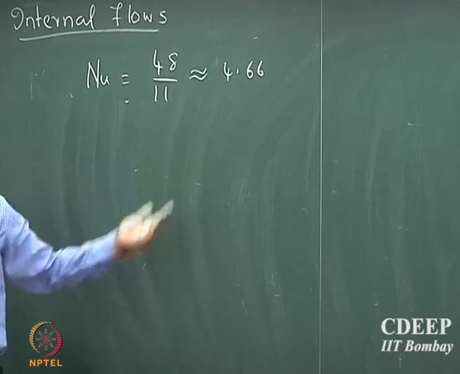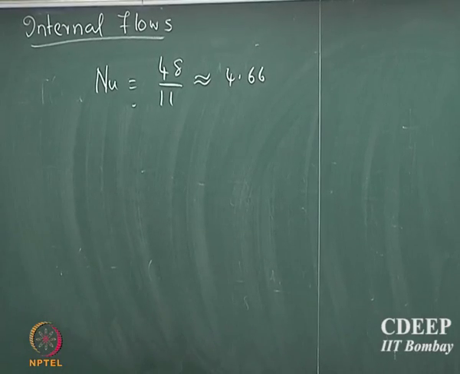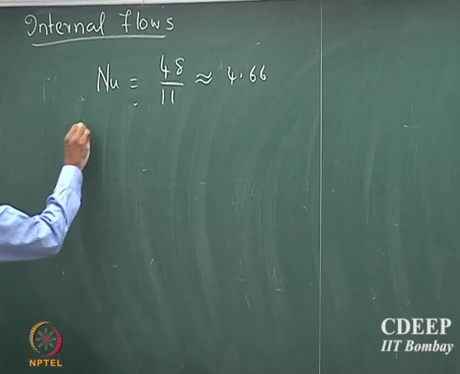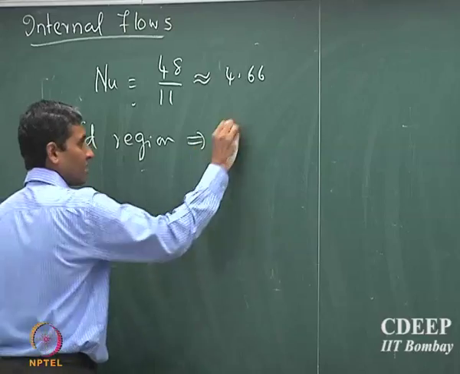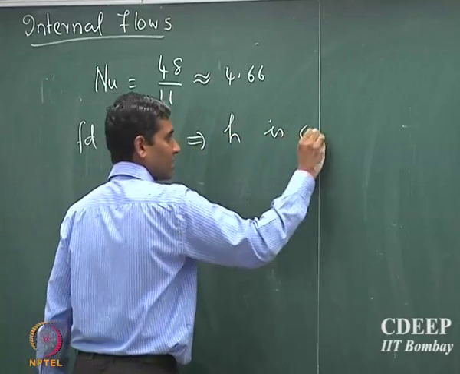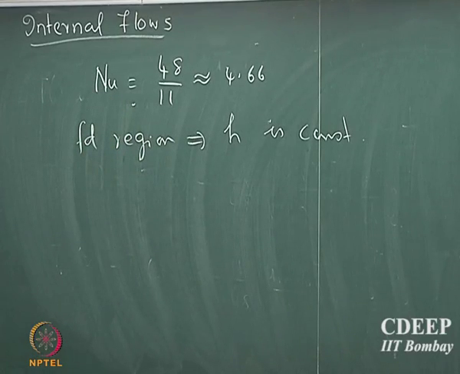Why are we getting it constant? Because the heat transport coefficient is constant, right. So in a fully developed regime, we find that Nusselt number is also a constant in that regime.